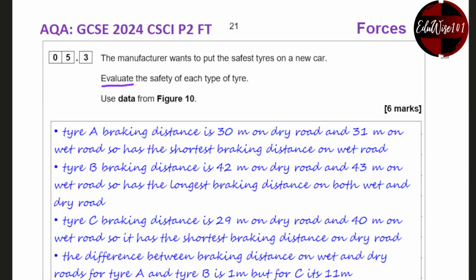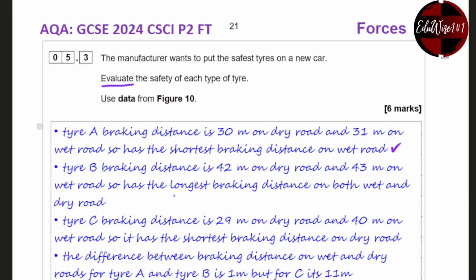Tire A, braking distance is 30 meters on a dry road and 31 meters on a wet road. So it has the shortest braking distance on a wet road. Tire B, braking distance is 42 meters on a dry road and 43 meters on a wet road.